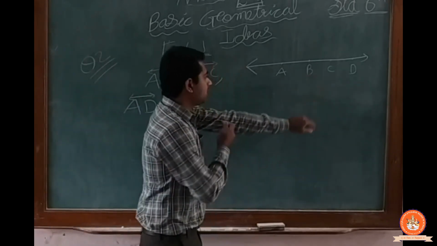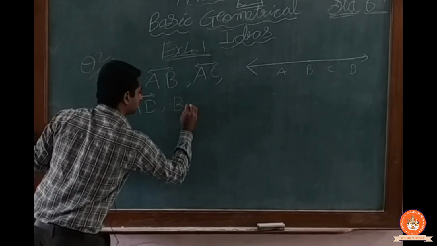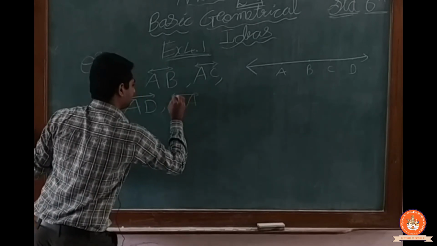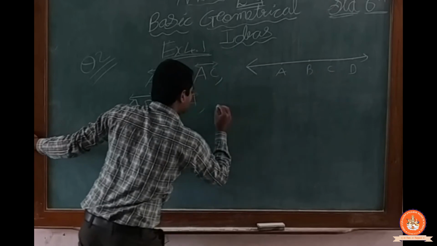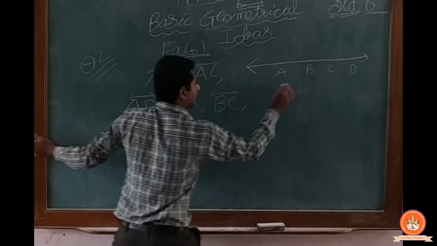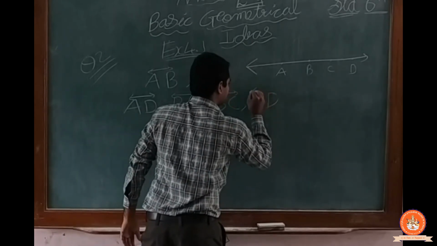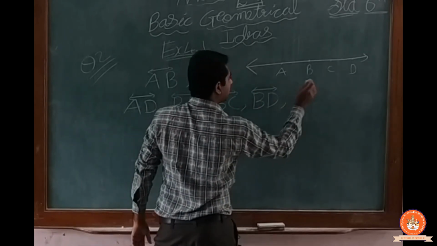Now coming on B. So BA, BC, BD. Okay, BD completed.